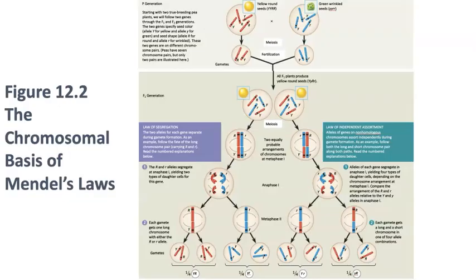So let's take a look at meiosis again, and we're overlapping on this figure specific genes. We've got the Y gene for yellow versus green, and we have the R gene for round versus wrinkled. And in the first generation, this parental generation right here, remember the P generation, everything is true breeding. So big Y and big R crosses with little y and little r.